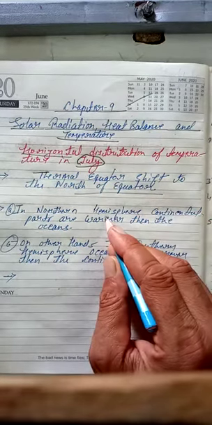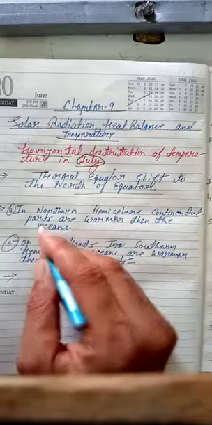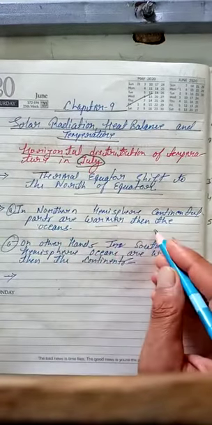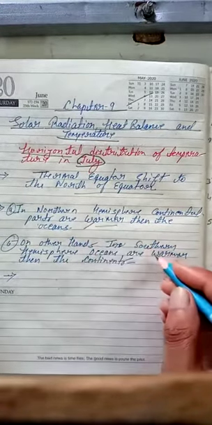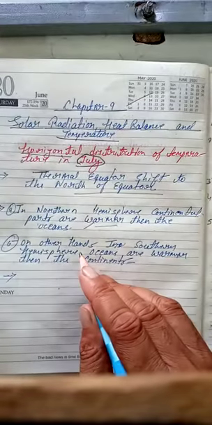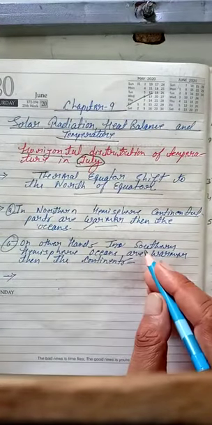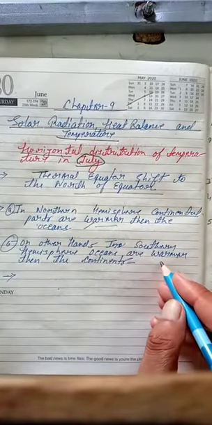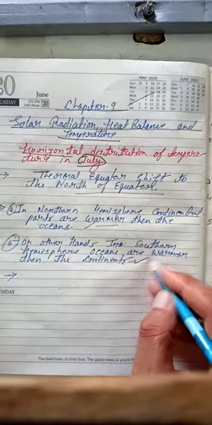In the northern hemisphere the continental parts are warmer than the oceanic parts. On the other hand, in the southern hemisphere oceans are warmer than the continents.